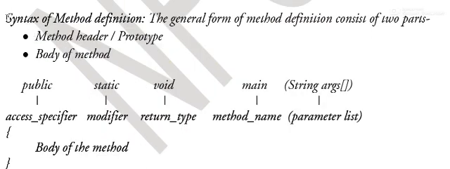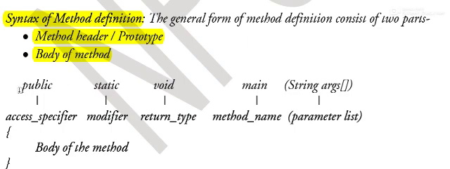Syntax of method definition, that means the rule to define a method. In general syntax, there are two parts of method definition: method header and the body of the method. Method header consists of different parts: access specifier, modifier, return type, method name, and the parameter list.